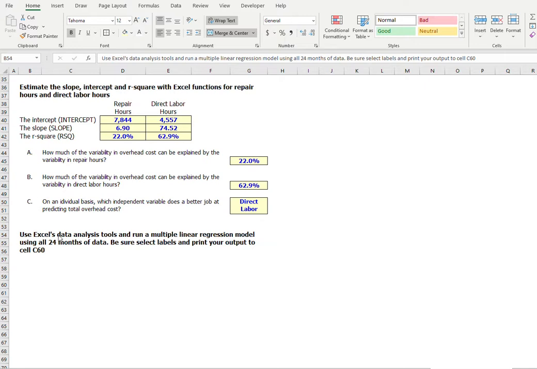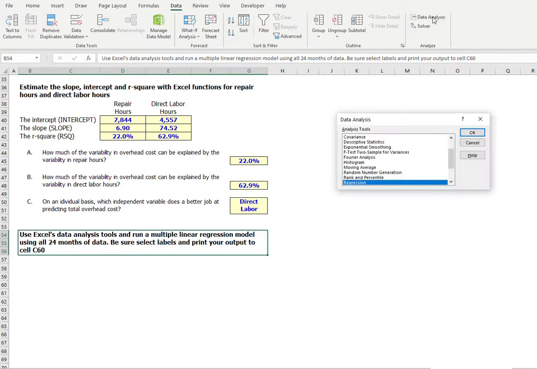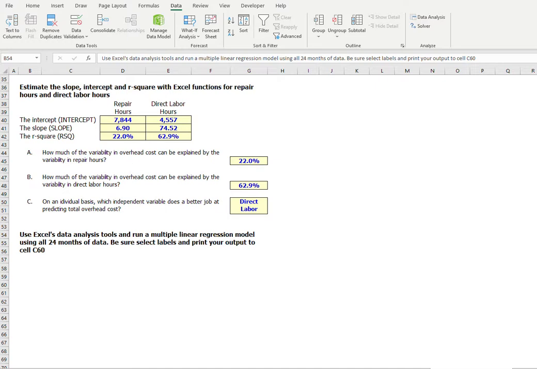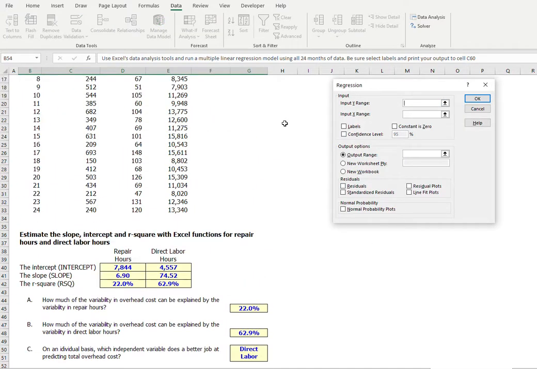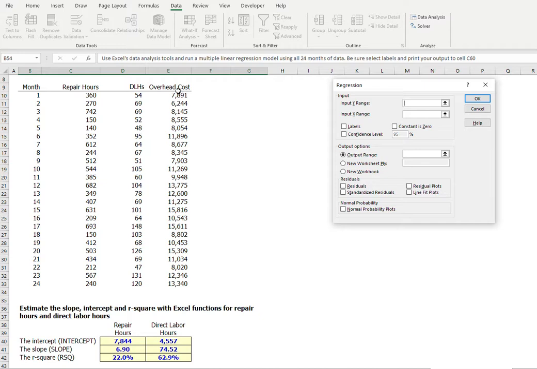Let's now go ahead and use Excel's data analysis tool and run a multiple linear regression model using all 24 months of data. And again, be sure we're going to select labels and print our output to cell C60. So we go up top, data, data analysis, regression, we input the Y range, and again, the Y range is our dependent variable.